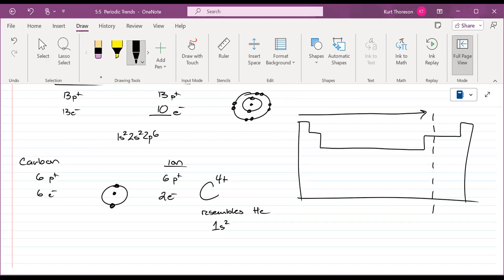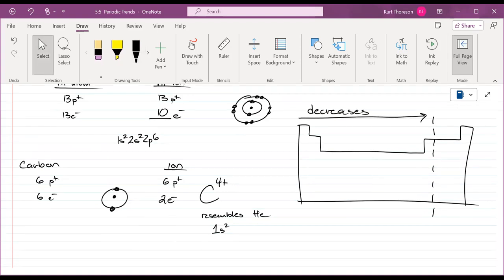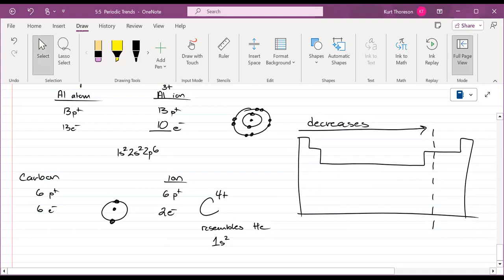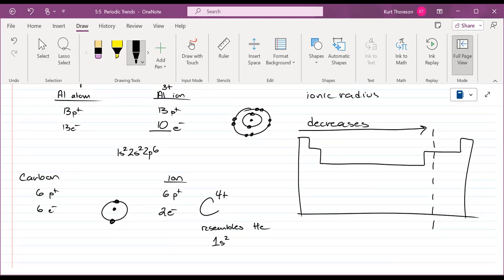The ionic radius decreases. And when you go down, it increases.